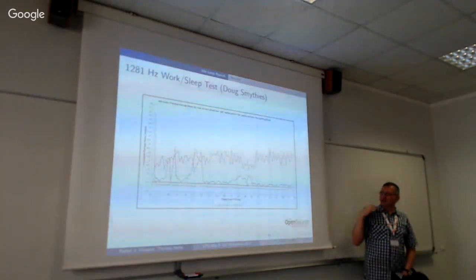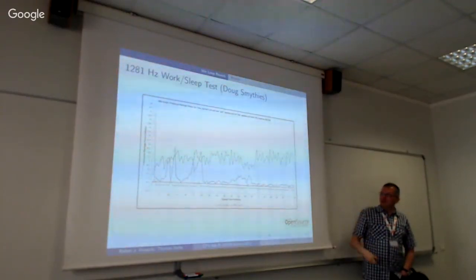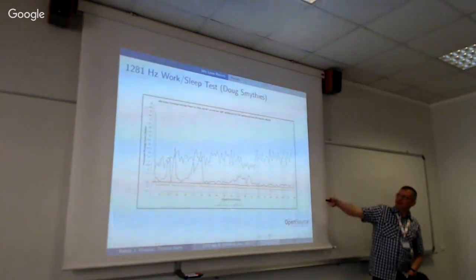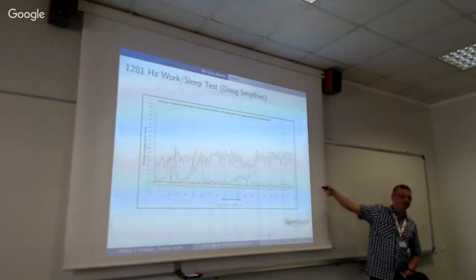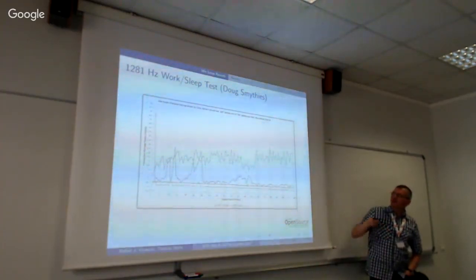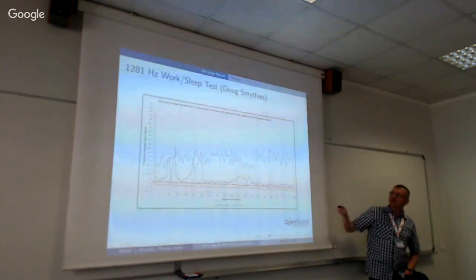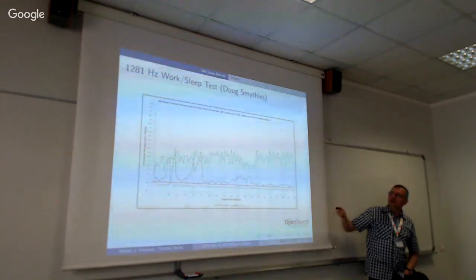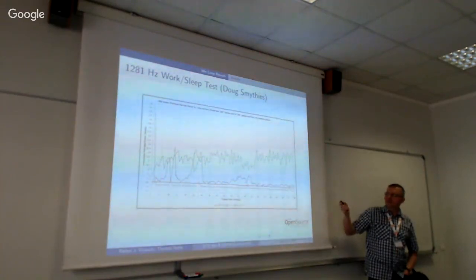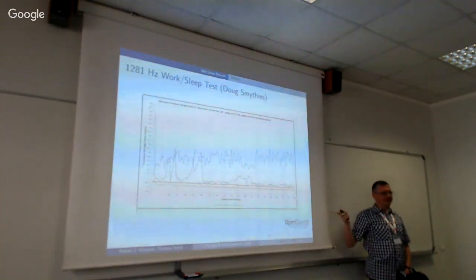So with 4.16, and this is this line, he used a workload where some work was injected every so often, and the frequency was selected specifically to trigger this problem.